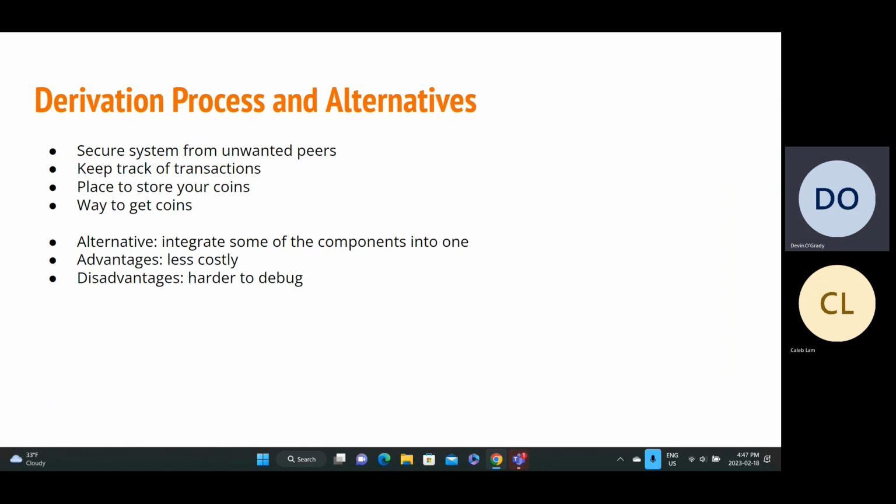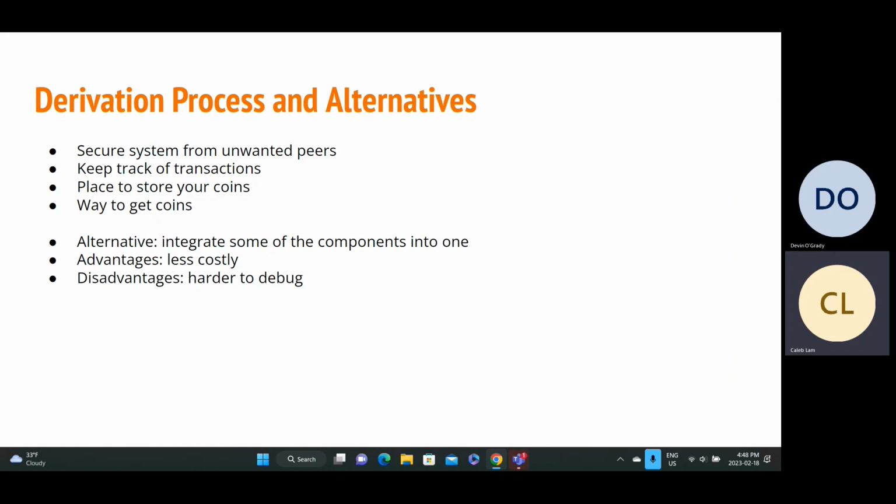The derivation process was to get a secure system from unwanted peers and other people. They want to keep track of the transactions between each peer and have a place to store coins and a way to get your coins, your currency. So that's how we get the components, for example, blocks or wallets or connection managers.